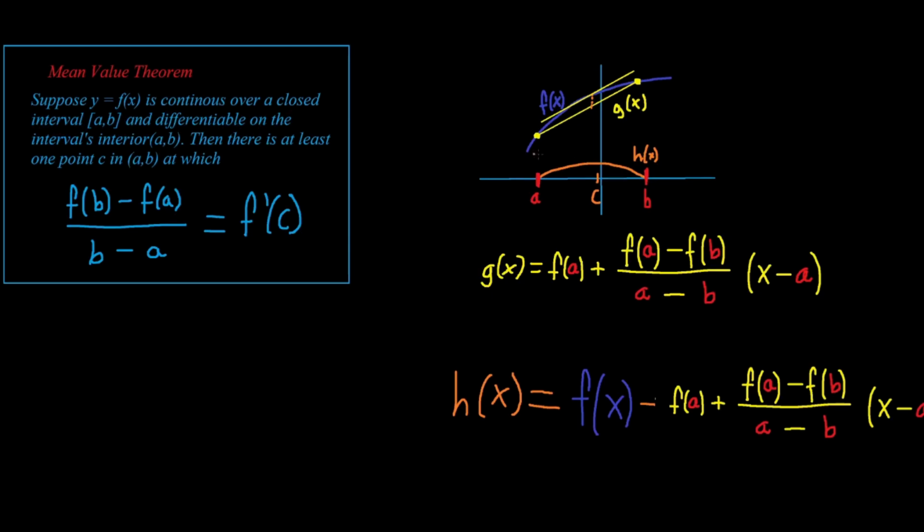In this case, we have this maximum value at some point c. And our minimum value is going to equal 0 here, because if you notice, the difference between f of x and g of x will be 0 when they're touching, when they're at a and at b, they're equal to one another, so you'll know it's 0. So in other words, h of a equals h of b.